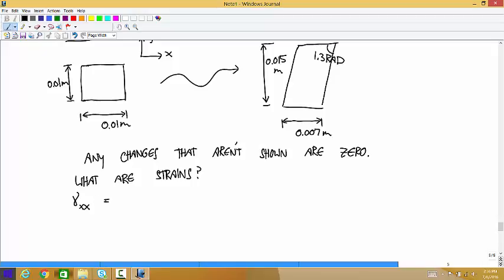So XX is 0.007 minus the initial, 0.01, divided by the initial. And that is negative 0.3.